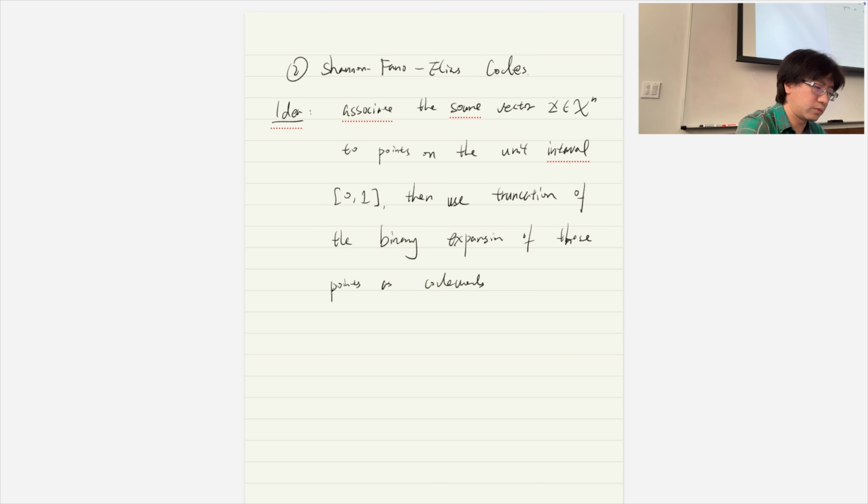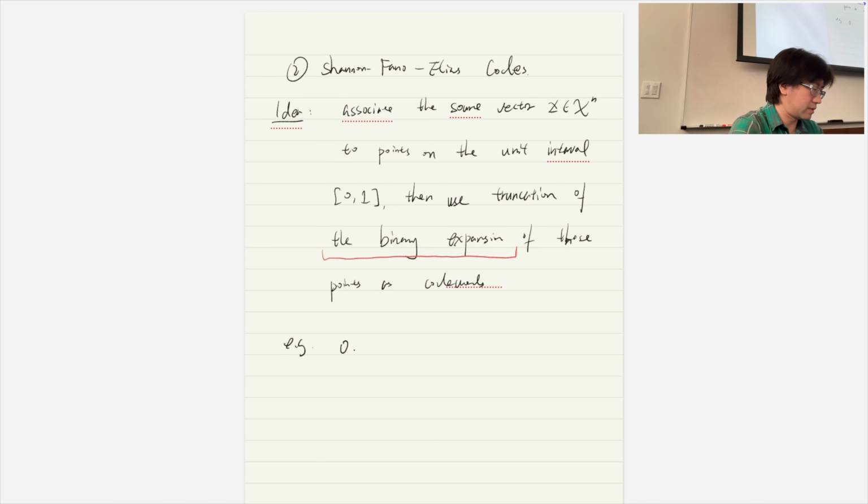Now let's see what the binary expansion of this point is, because here we consider binary code. We're going to use 0 and 1 to transmit that. Binary truncation works as follows. A number between 0 and 1 is always 0 point something.